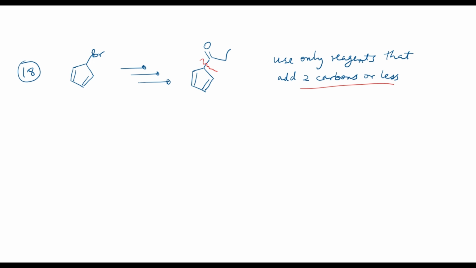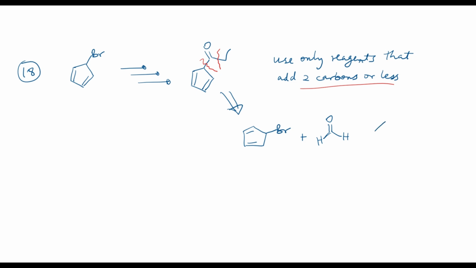And since we're told to only use reagents that can add 2 carbons or less, and this one has 3 carbons, I need to also split that part. I can split this here. So the fragments will be this and this.